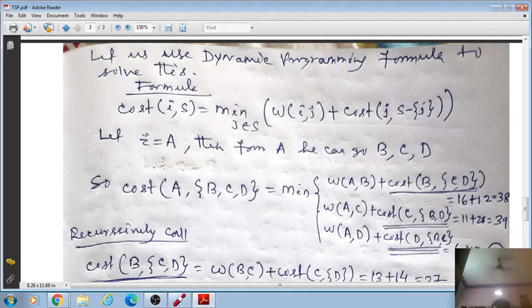Writing S minus J, here J is B inside S, B C D, so minus B gives CD. Similarly for C, then D: weight of A to D, then cost D, S minus J gives DC. You see, this cost function is calling itself three times.